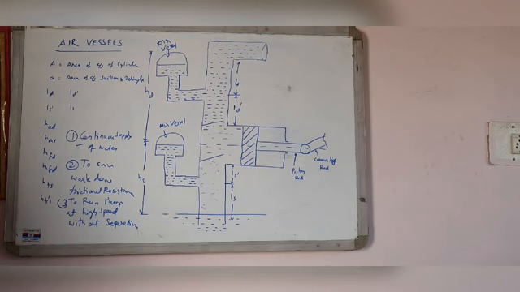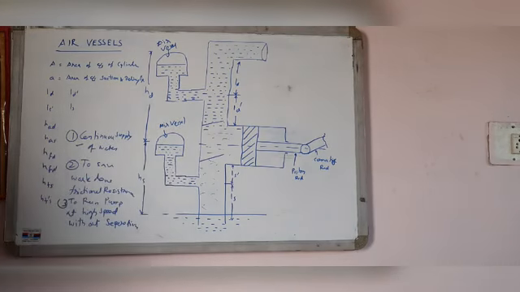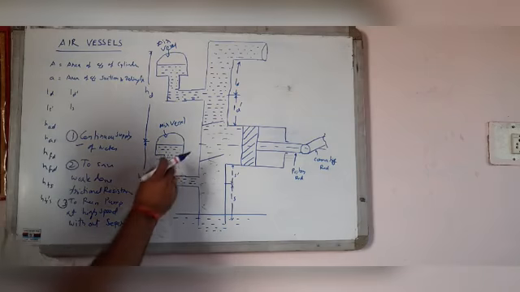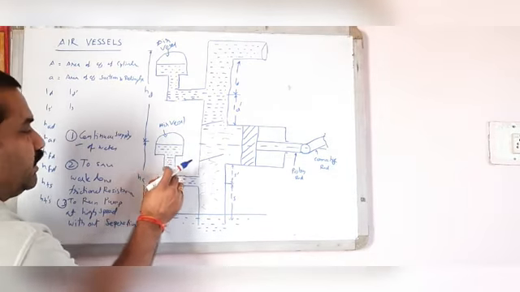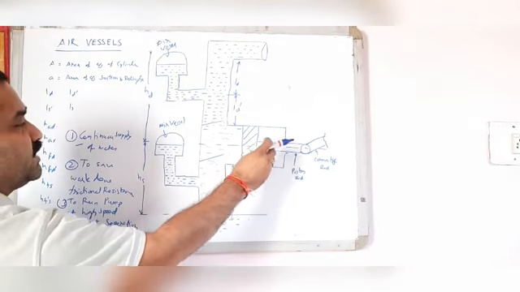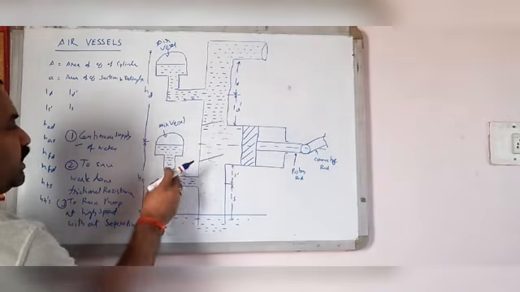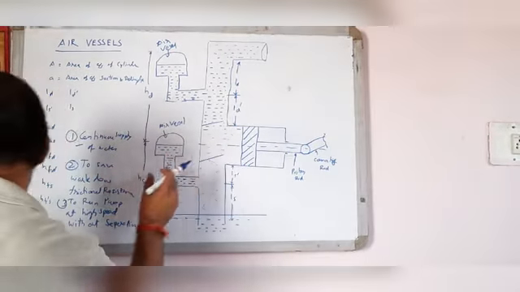Thus the excess water flowing in the suction pipe will be stored in the air vessel, which will be supplied during the first half of the next suction stroke. So this acts as a reservoir. Initially this will provide water, and after half of the piston work, the water is stored here and will be used for the next supply.